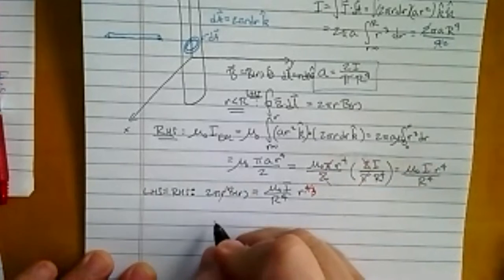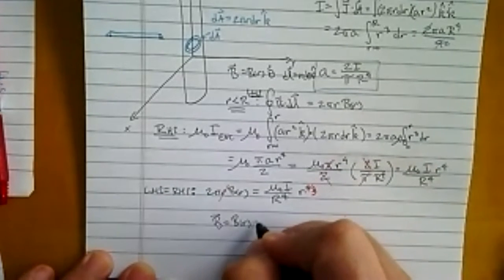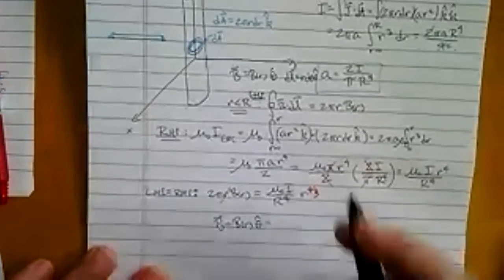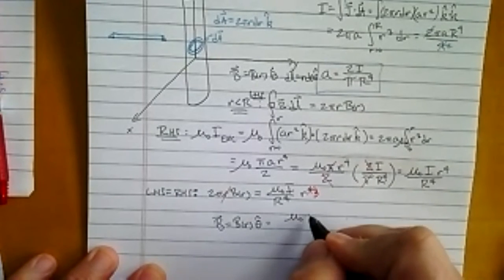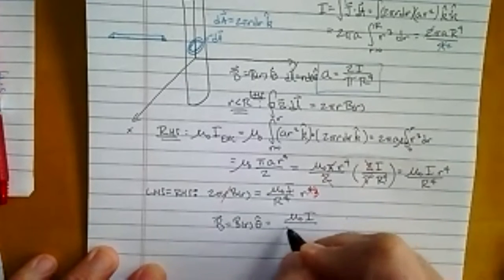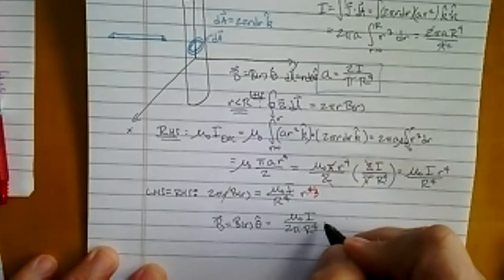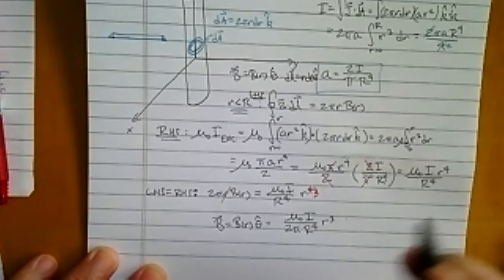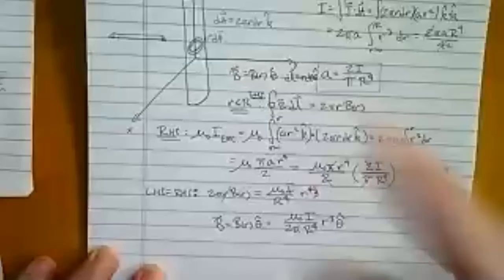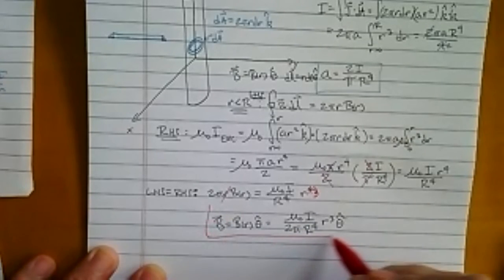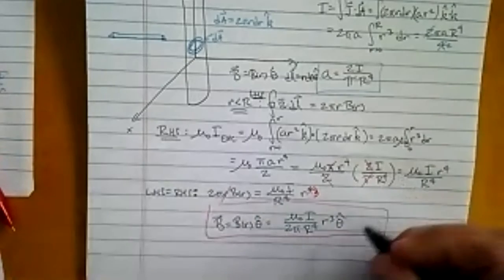So I can get B, which is equal to, according to our hypothesis, B of r theta hat should in fact be equal to mu 0 I over 2 pi big R to the fourth times r cubed theta hat. So that is the solution for r less than big R. So in other words, for r less than big R, it actually goes like r cubed.